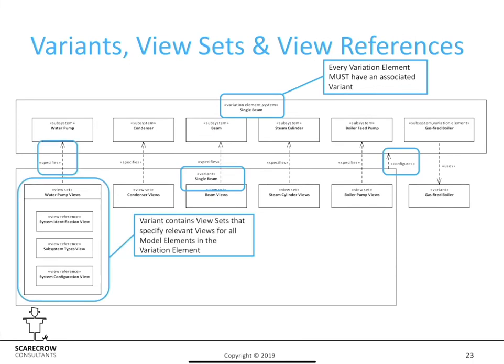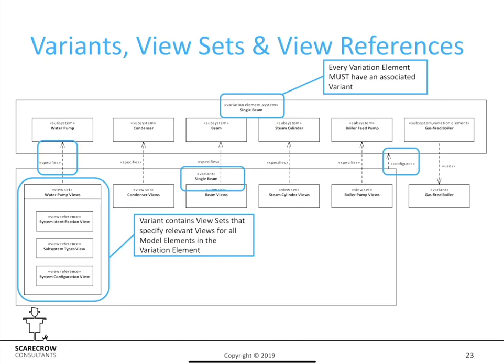That variant then creates the view sets that identify the actual views that contain information on that variant in the model, and those view sets have to exist for all of the elements that make up the variation element.